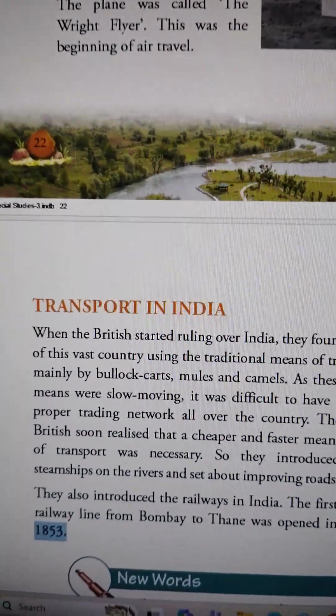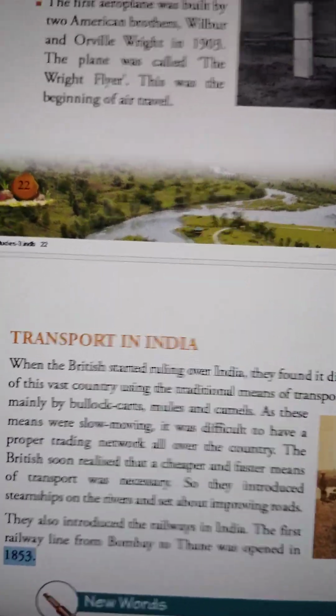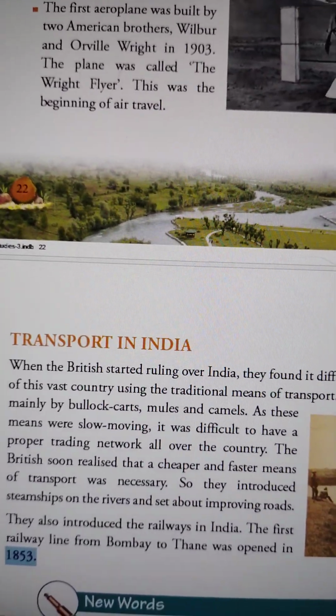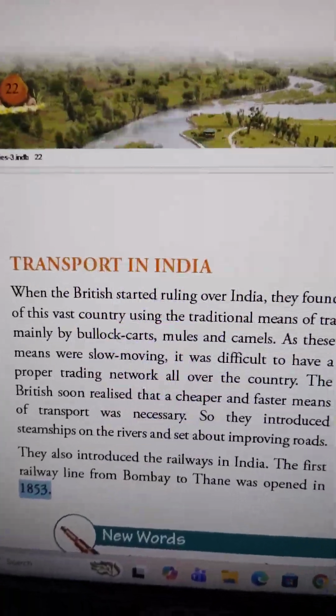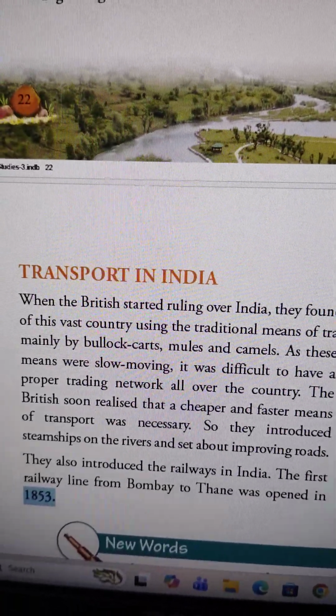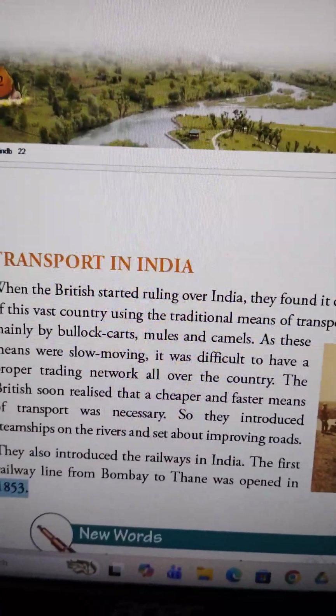Nowadays, see how much we have developed in our transportation, and nowadays we think of the bullet train also, and the Vande Bharat Express. This is the new modern transportation, and we reach our destination in a little more time.